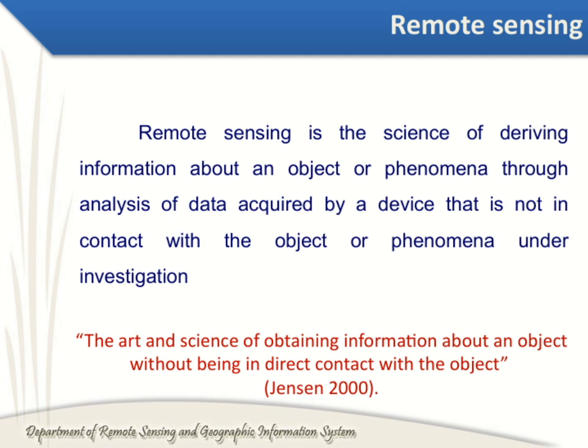This approach is fundamental in many fields, from environmental monitoring to urban planning, because it allows us to observe large or inaccessible areas efficiently and effectively. Throughout this presentation, we'll explore how remote sensing fits into the bigger picture of geographic information systems and how it helps us understand our world better.